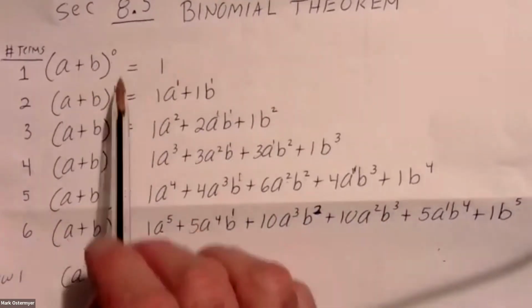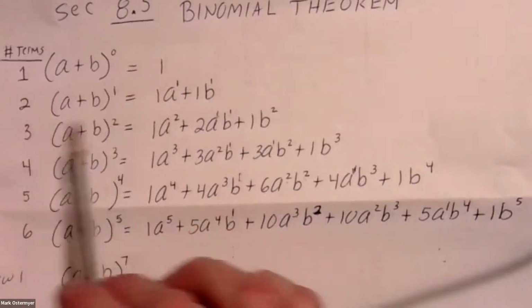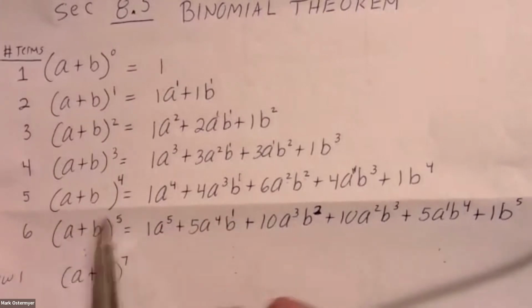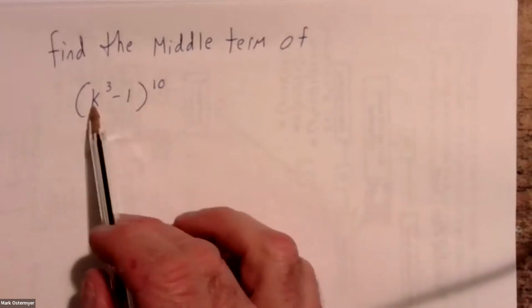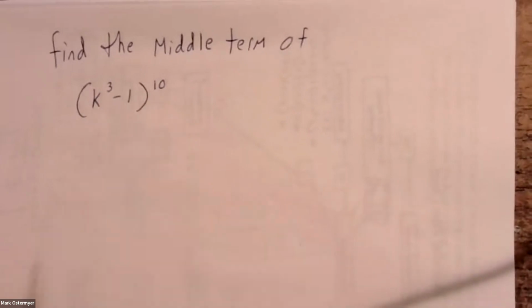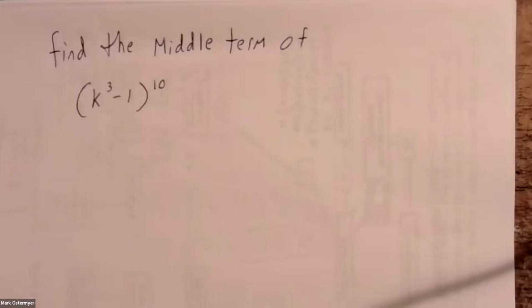The number of terms of the expansion is always one more than the power the binomial is being raised to. Okay? So therefore, how many terms is this expansion going to have? 10, 9, or 11? Is it 11? It will have 11 terms when we get done.